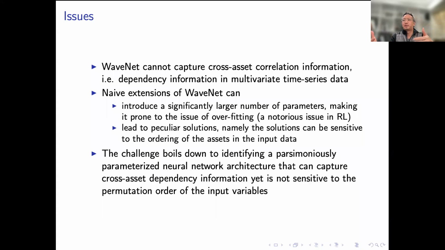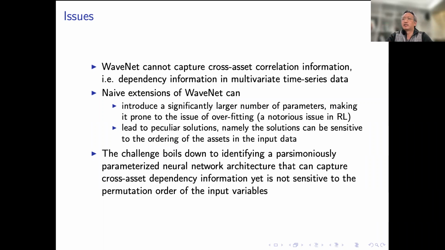The reason is that this WaveNet structure is a parsimoniously designed convolutional neural network, but it is not really permutation invariant, meaning that if you permute the asset index in the time series data, then your final solution can be very different.